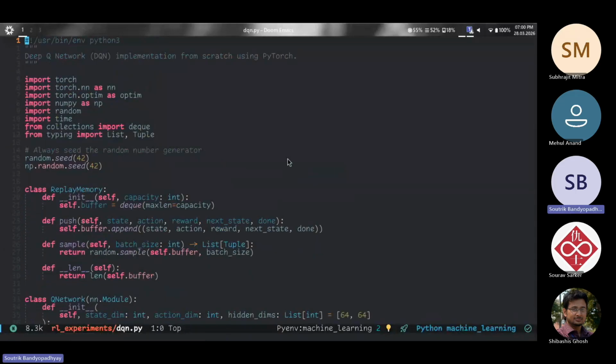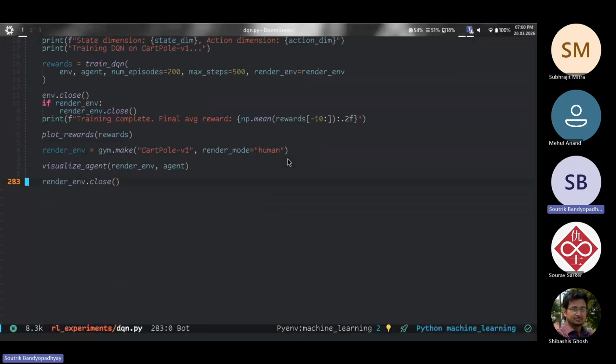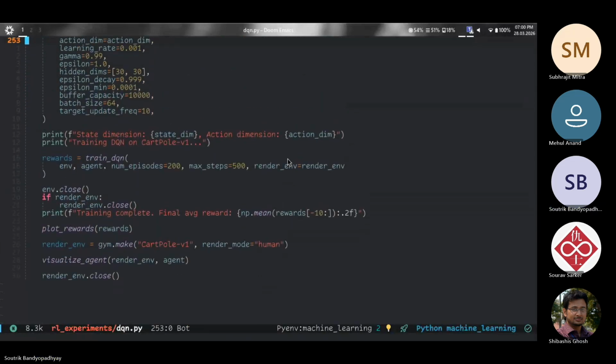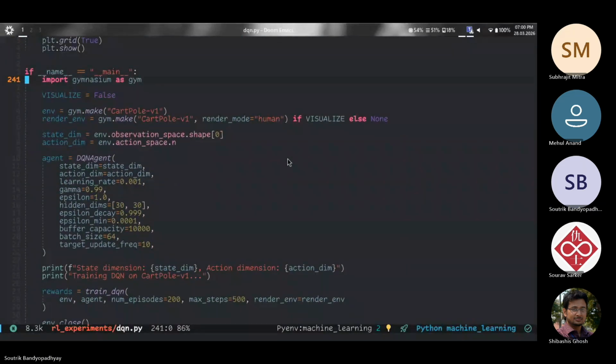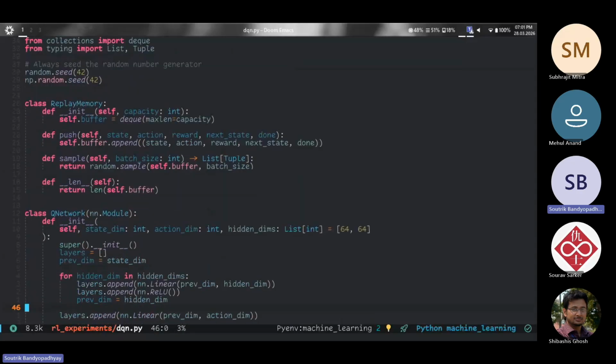Can you see the screen? Right. Yes. So I have written this PyTorch example, and I would be showing you the code here. So let me just visualize this situation. So let me walk you through the code, and then I would run the code here.